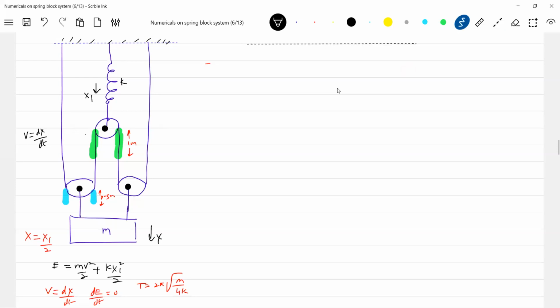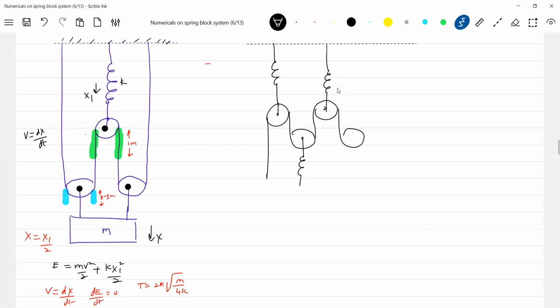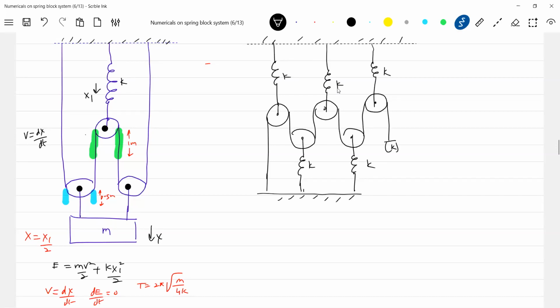We have to think no other way. You have to think. You have to find out the time period of oscillation of the block.